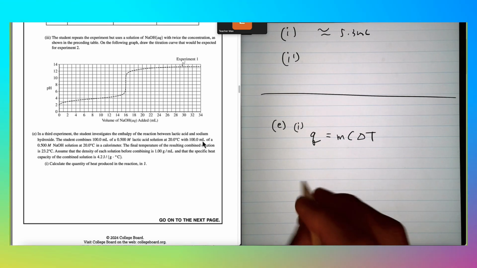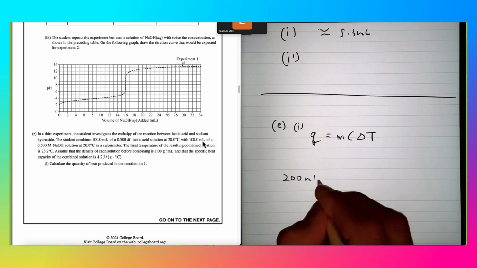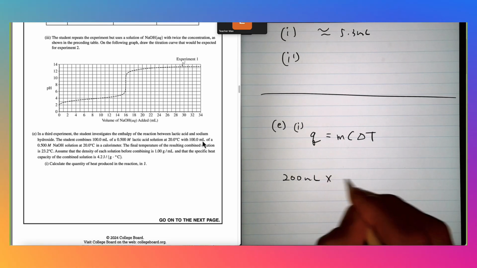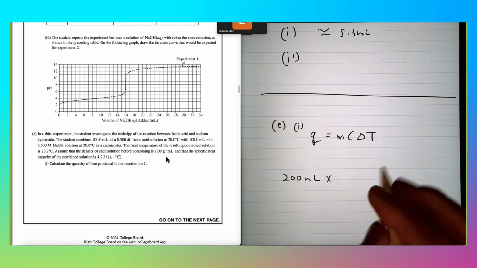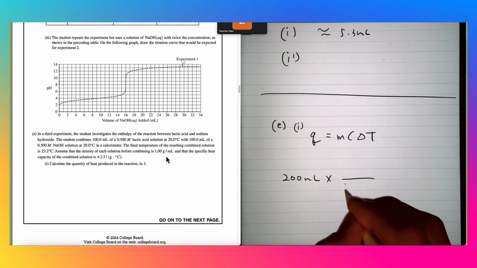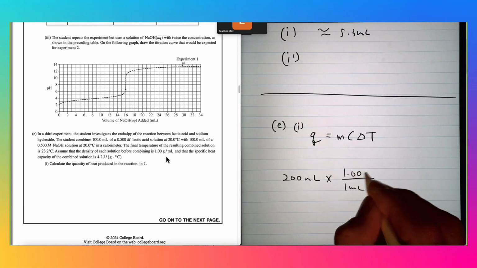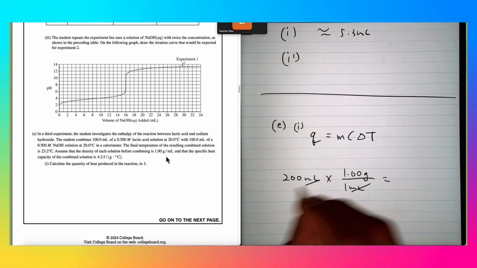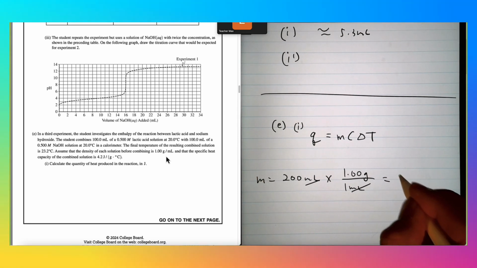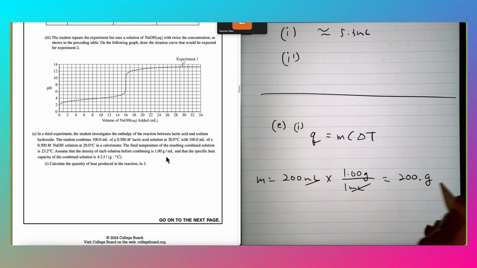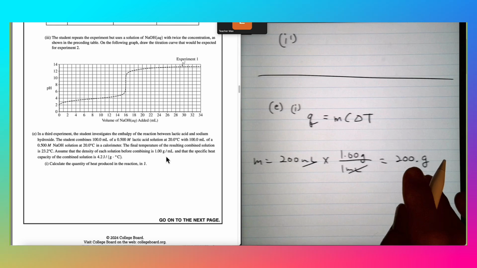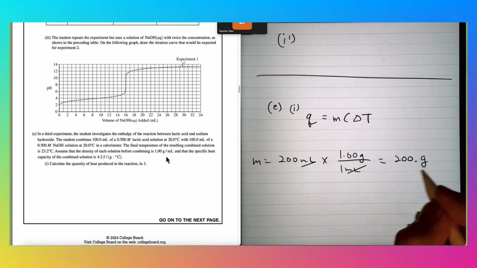So we have 200 milliliters of volume. And if you multiply that with the density of the solution, per milliliter, you get 1.0 gram. You're going to get 200 grams of the solution.